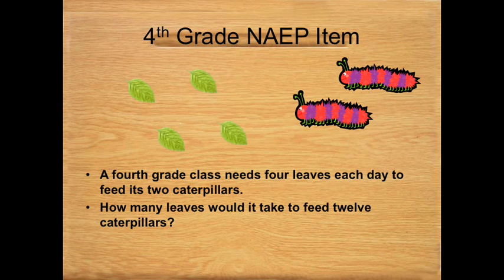How would we use manipulatives or even a piece of paper, setting up some type of table and having the students reason through this problem, where we're talking about a group of leaves of 4 to a group of caterpillars of 2. So the ratio is 4 leaves to 2 caterpillars, 4 to 2. So let's take a moment and think about the solution.